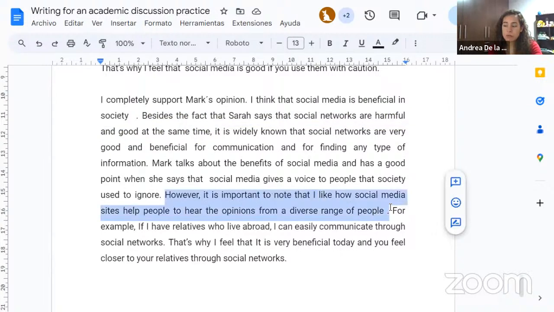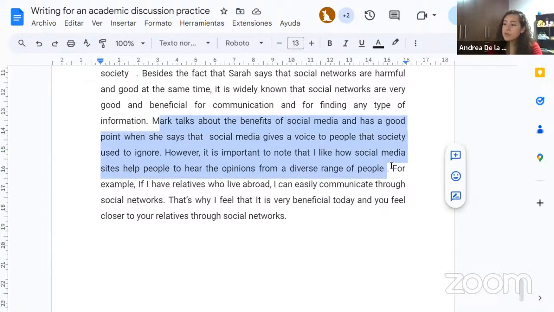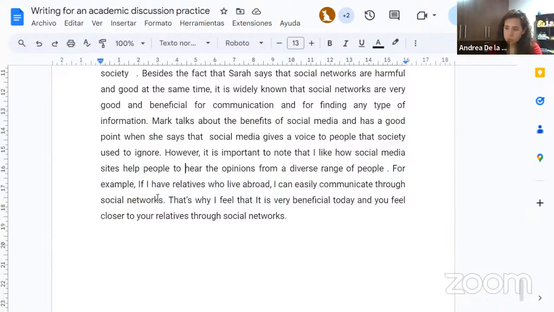So careful there. Okay, guys, I think all of you are having problems in this part, most of you. Careful. You need to elaborate then. For example, if I have relatives who live abroad, I can easily communicate through social networks. Perfect. Your elaboration is great because it focuses on what you said before.